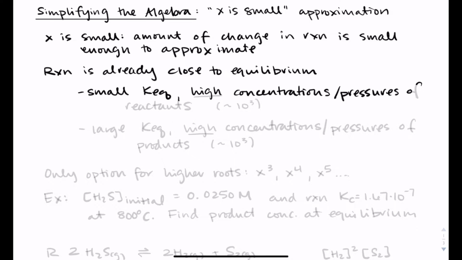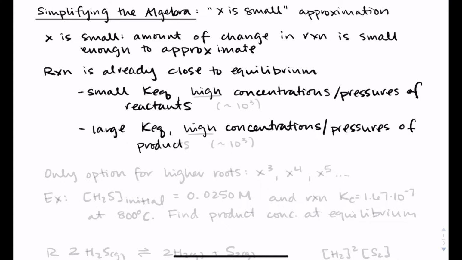The cases that you will likely see is that if you have a small equilibrium constant and a high concentration or high pressure of reactants. Small equilibrium constant means a lot of reactant. High concentration of reactants is a lot of reactant, right? They match up. So you might have to make some product to get to equilibrium, but the amount that you have to make is very small.